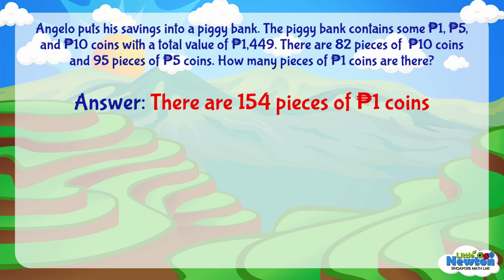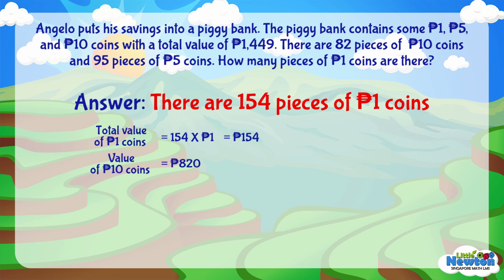From our answer, we know that there are 154 pieces of 1 peso coins. The value of the 1 peso coins equals 1 peso multiplied by 154 equals 154 pesos. We also know that the value of 10 peso coins equals 820 pesos, and the value of 5 peso coins equals 475 pesos.